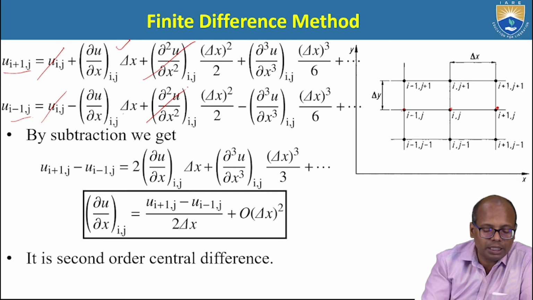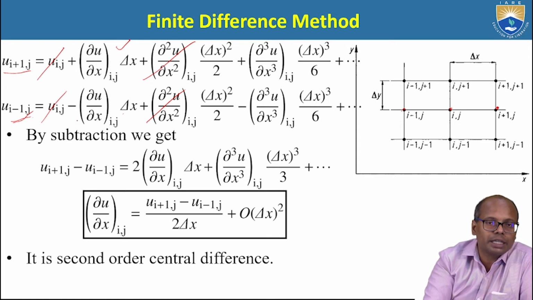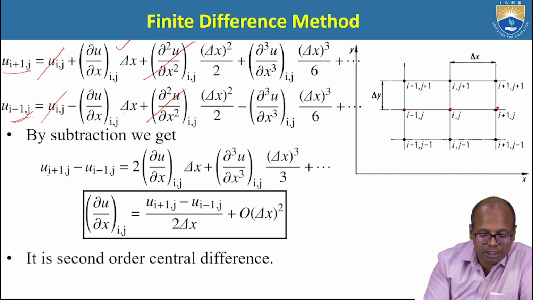Like that, all the positive terms in the u i minus 1 j will get eliminated and I will end up with the negative terms. And because this minus this means this negative will become positive. Now if I simplify this equation, I will get u i plus 1 j minus u i minus 1 j is equal to 2 into dou u by dou x i j into delta x.